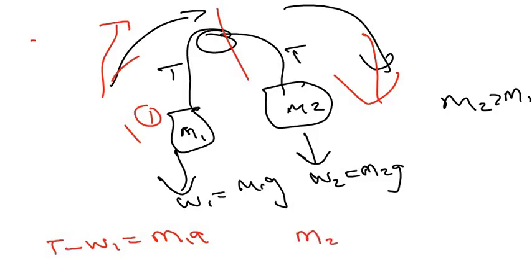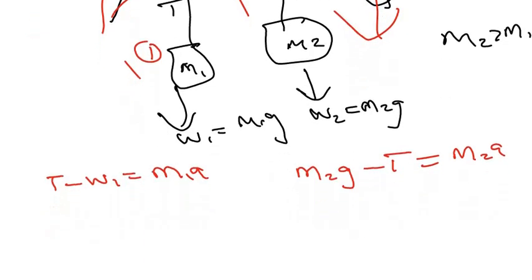So M2g minus the tension is equal to M2a. This is what you have. Then we solve them simultaneously or use substitution, and you get the two unknowns that are needed. So this is how you handle a pulley system.